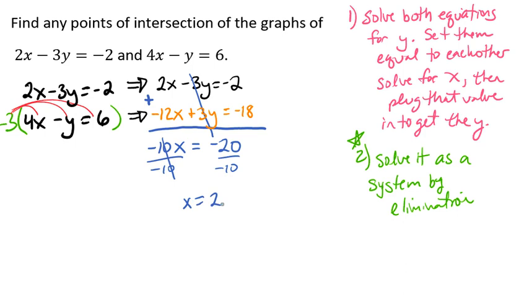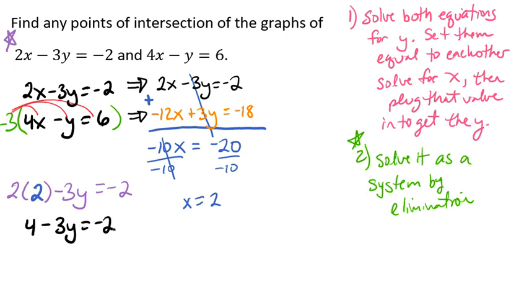Then from there, I need to decide which equation to plug my x value into. I could plug it into the first one or the second one. It doesn't matter. I'm going to plug it into the first one. So I'm going to leave an opening for my x variable, and then minus 3y equals negative 2. I'll plug in my 2, and I'll solve. So now I have 4 minus 3y equals negative 2.